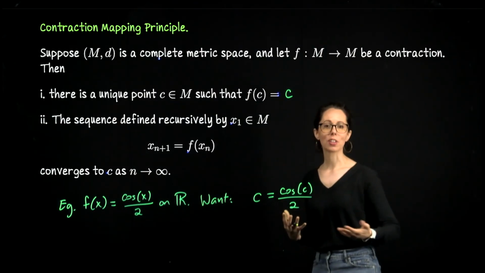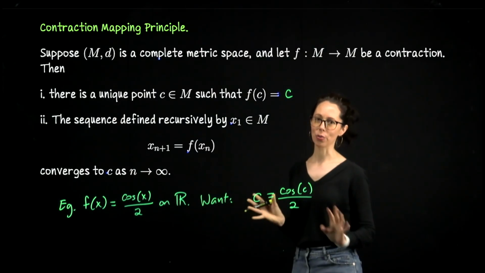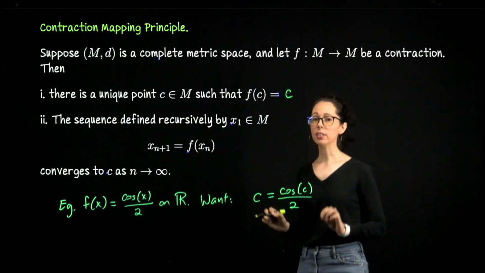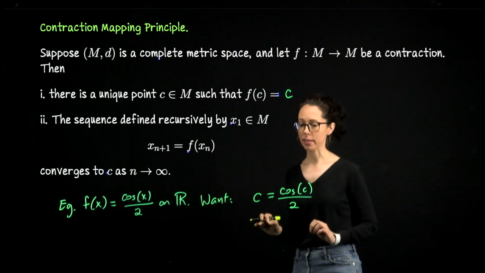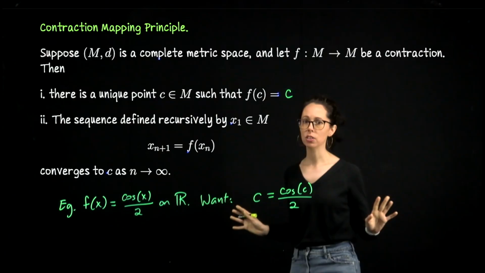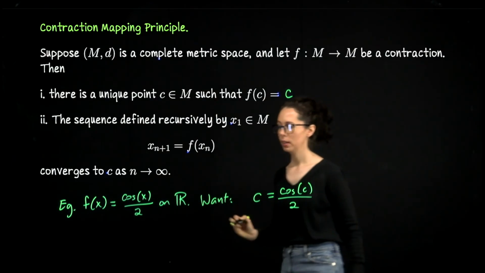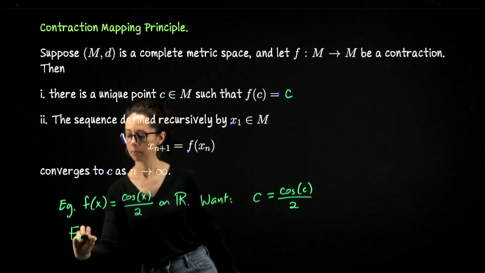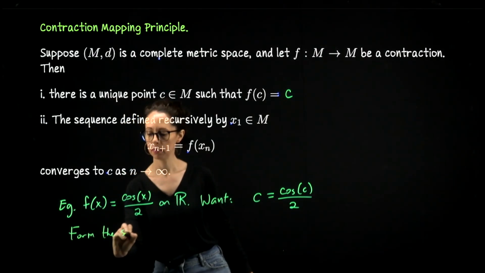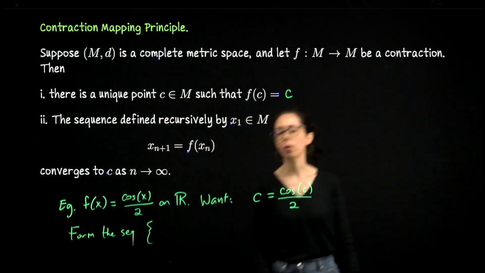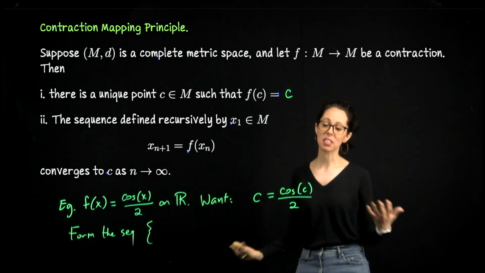This is much harder to solve than c equals sine of c over 2, for which the answer is 0. But here's how you could numerically approximate the answer. Pick any starting seed for this kind of recursive procedure that you like. Form the sequence. So what would be a nice seed to pick? How about 0?